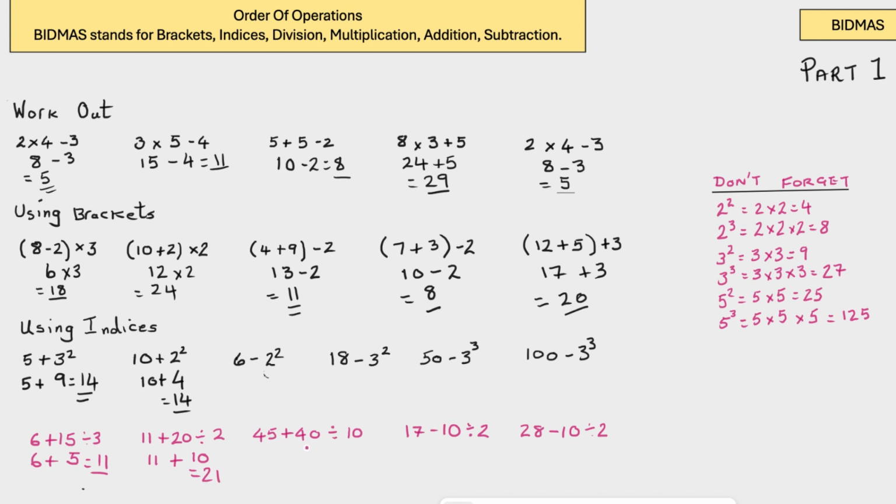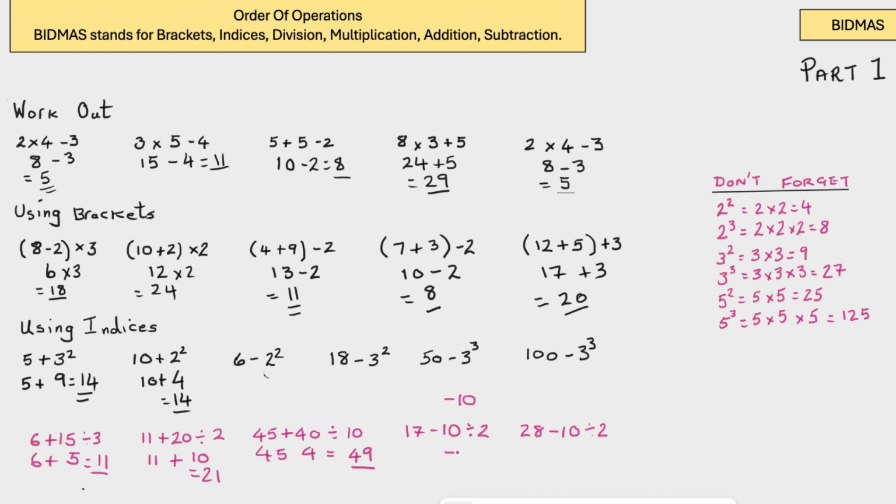Next, 45 plus 40 divided by 10. Well, it's the same, no brackets, no indices, but we have a division. 40 divided by 10 is 4, plus the 45 equals 49. Same again. So it's 10 divided by 2, but it's a negative. Remember, that's attached. That is stuck to it, the negative.